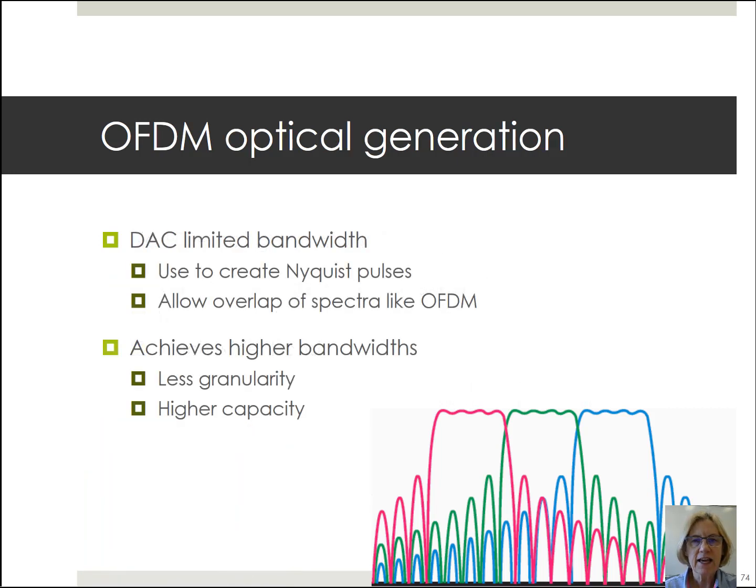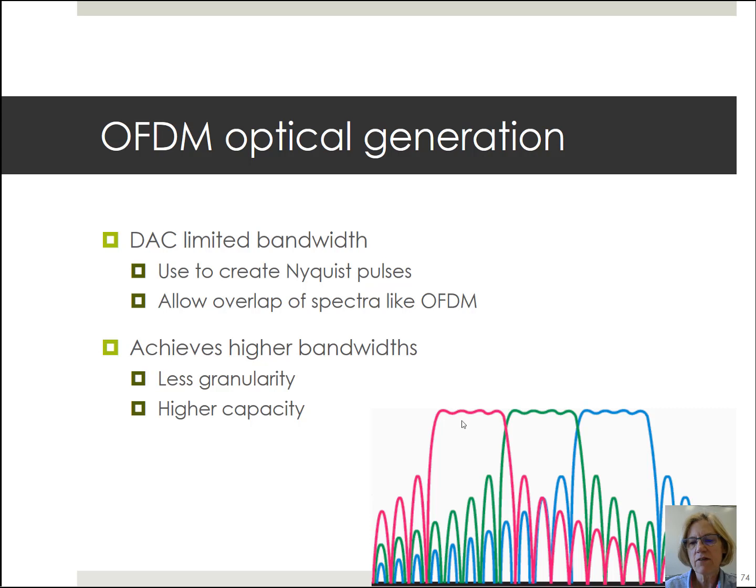So I mentioned that the DAC has limited bandwidth, but this is one way of implementing it to create a Nyquist pulse. I use a DAC on a single laser line, and I create something that is as wide as my electronics can achieve.